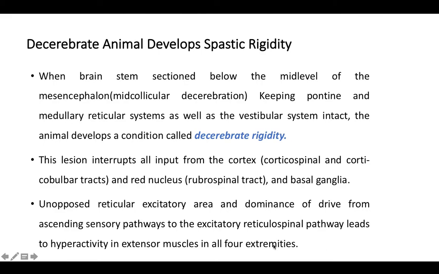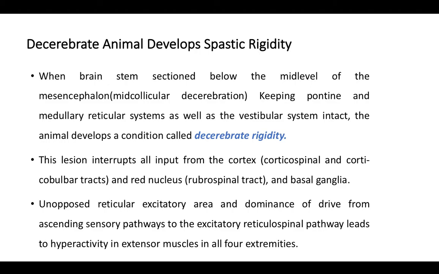So why does it happen? It is because of, one, decreased input or almost interruption of input coming from the higher centers. Second, unopposed action of the pontine reticular area, which is excitatory to the extensor muscles.